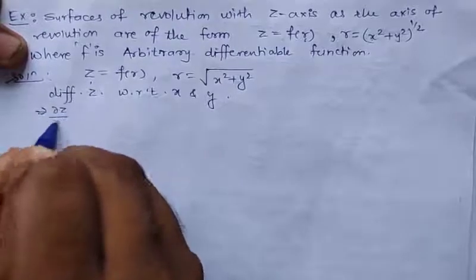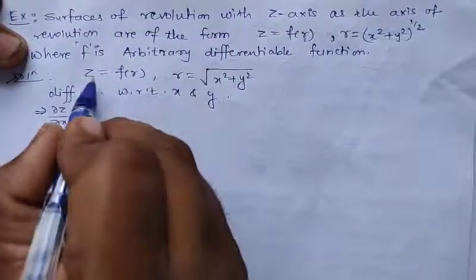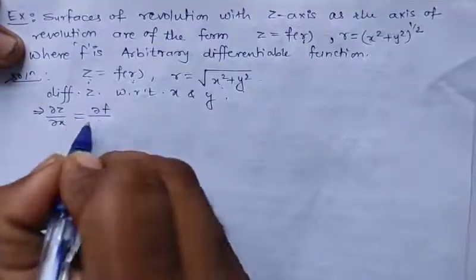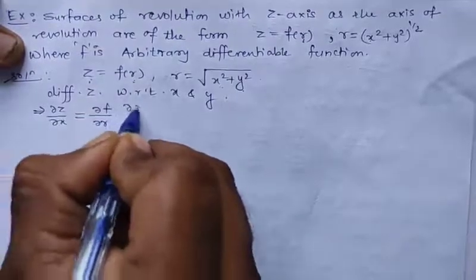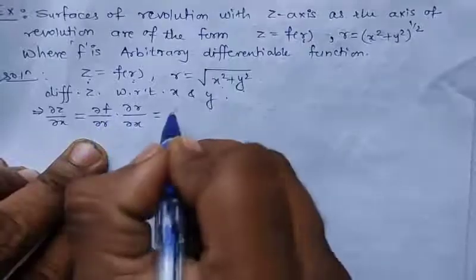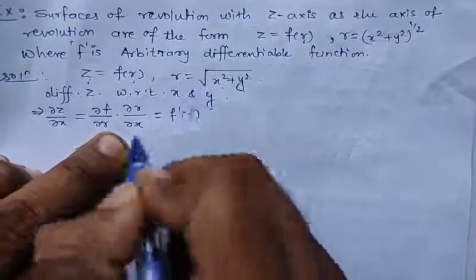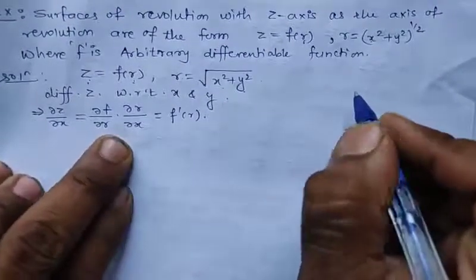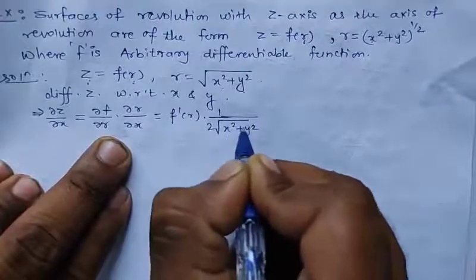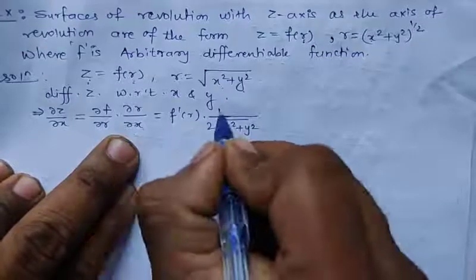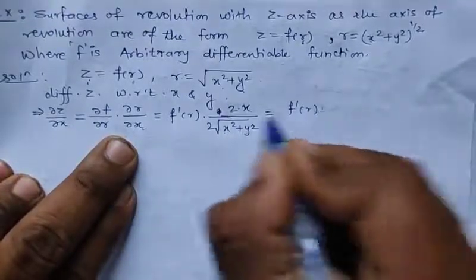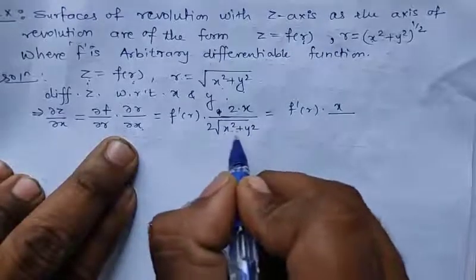Then ∂z/∂x, using the chain rule because z is a function of r and r is a function of x and y, is ∂f/∂r into ∂r/∂x. So f with respect to r is f dash r, and the derivative of r with respect to x: we know that the derivative of root x is 1 upon 2 root x, so 1 upon 2 root of (x square plus y square) into the derivative of x square plus y square with respect to x, which is 2x, right? The 2 cancels, so we get f dash r into x upon the square root of x square plus y square, which is r.